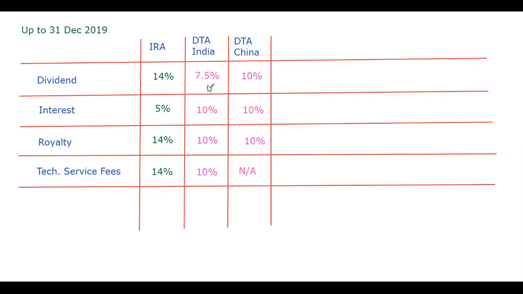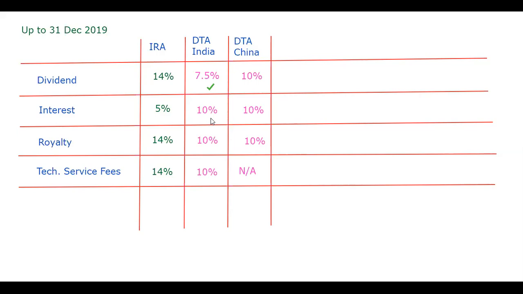That is why some multinational companies incorporate a branch in India and come into business and make investments through India to Sri Lanka. They know that 7.5% is the dividend withholding tax rate, and then the entire balance they can take out. In the case of interest, the IRA says 5%, the DTA rate 10%.